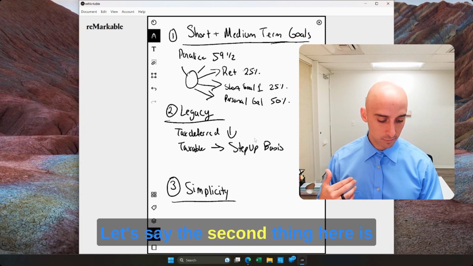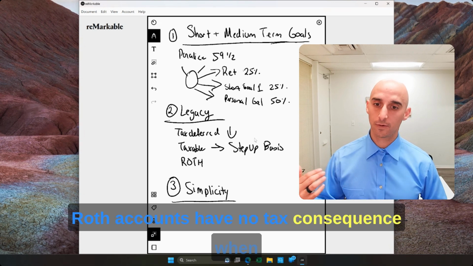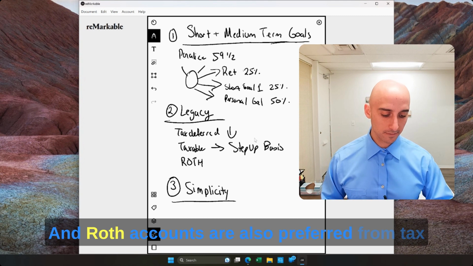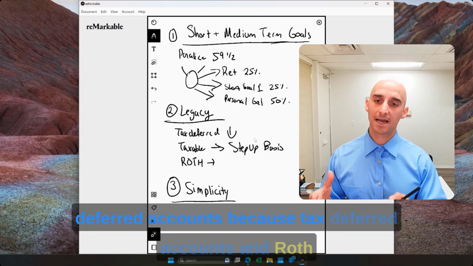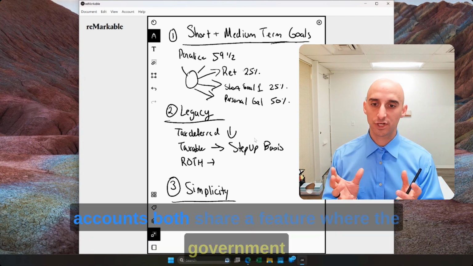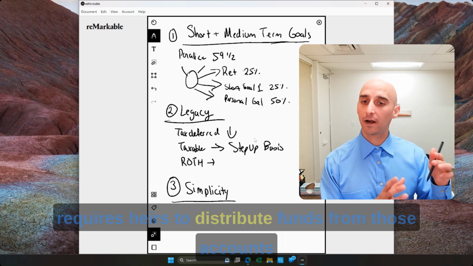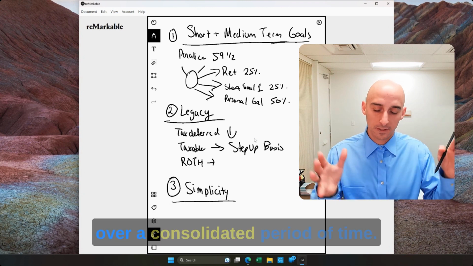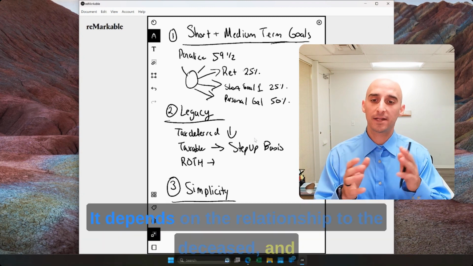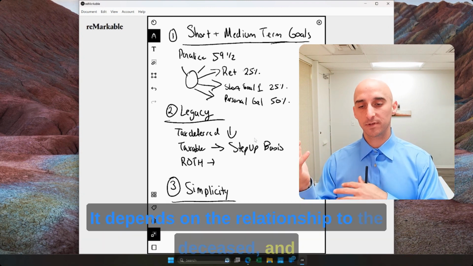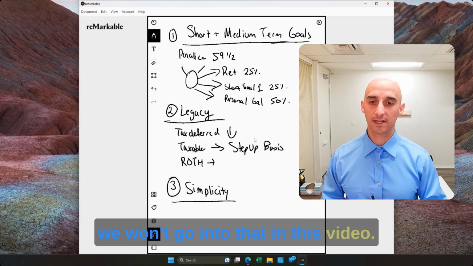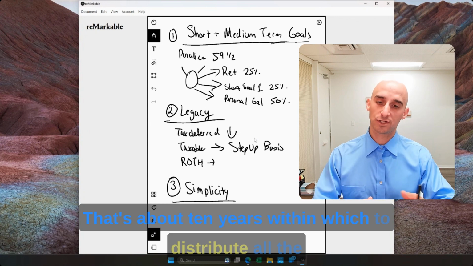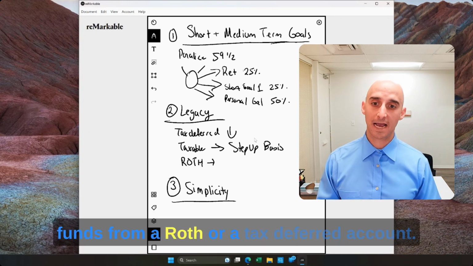The second thing here is Roth accounts have no tax consequence when they're inherited by a beneficiary. And Roth accounts are also preferred over tax-deferred accounts because tax-deferred accounts and Roth accounts both share a feature where the government requires heirs to distribute funds from those accounts over a consolidated period of time. It depends on the relationship to the deceased, and we won't go into that in this video, but you have this accelerated period of about 10 years within which to distribute all the funds from a Roth or a tax-deferred account.